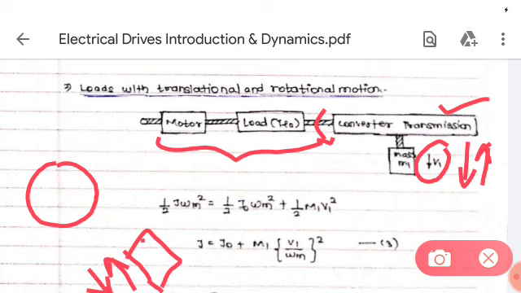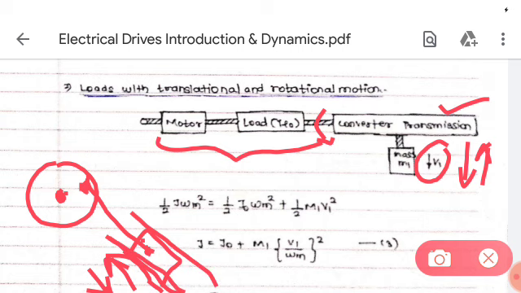Now if I connect some hinge here and a shaft which is generally called a crankshaft, and if I hinge that crankshaft here at the wheel, then when this piston is moving with linear motion, obviously there should be some guide. So the piston is moving in that guide or cylinder, and when it is moving, the steam is passed on this side and then on this side.